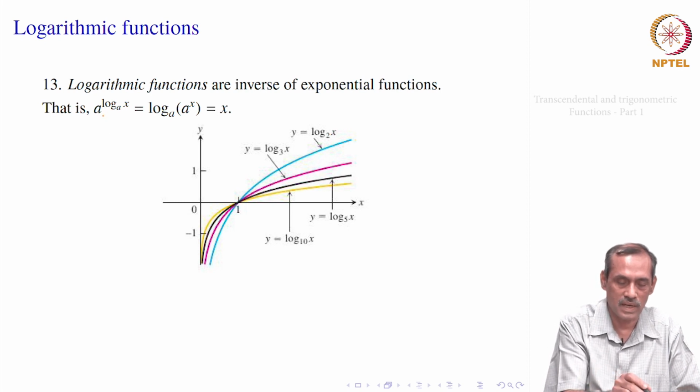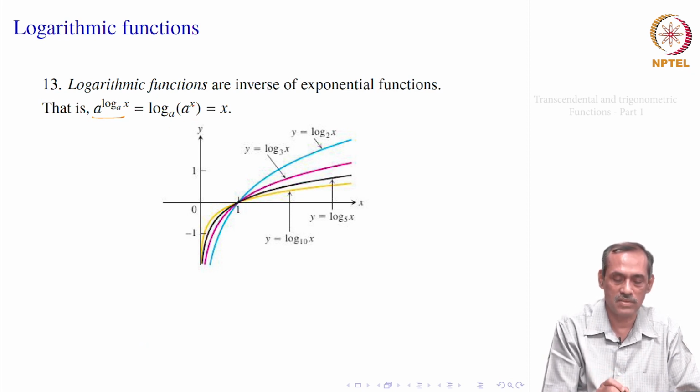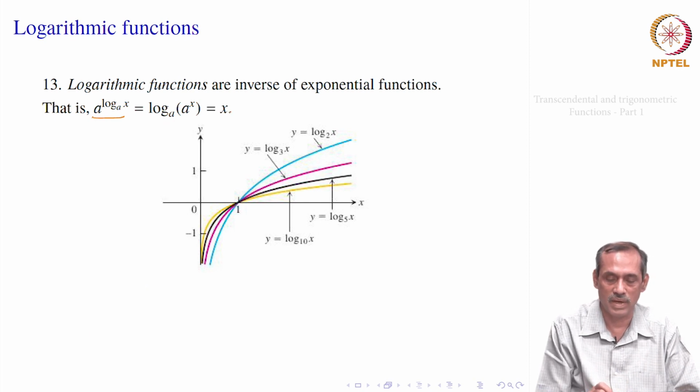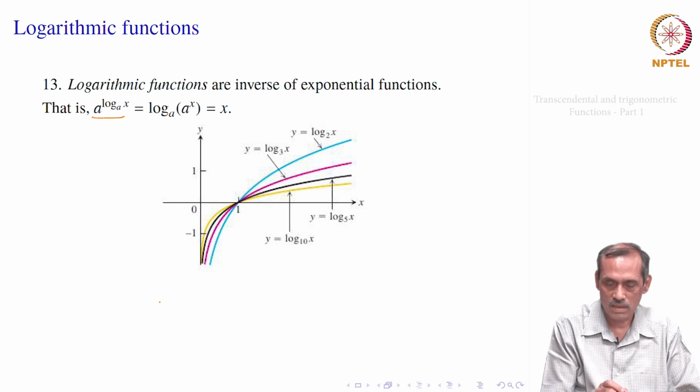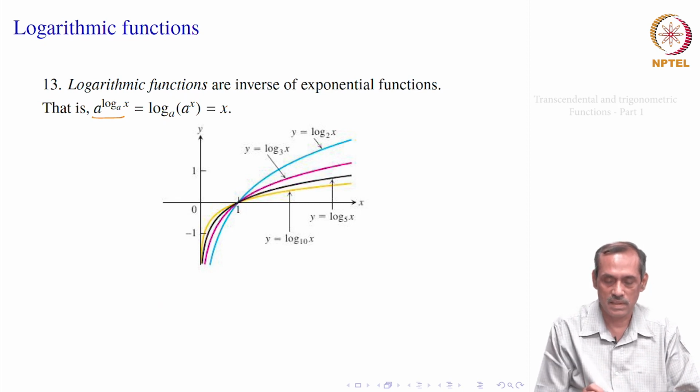It says that when you take a to the power log x to the base a, that is, a to the power another function, which is our f of x here, log x to the base a, that will give you x. Similarly, when you take f of a to the power x, that is log to the base a of a to the power x, that also gives you x. That is how it is the inverse of a to the power x. So, their composition will give you the identity function, that is what it means.